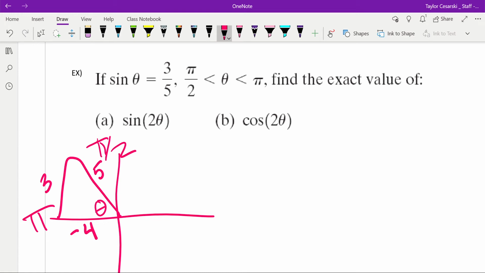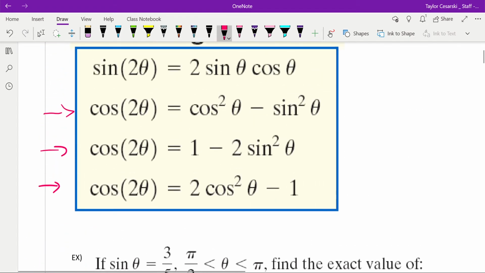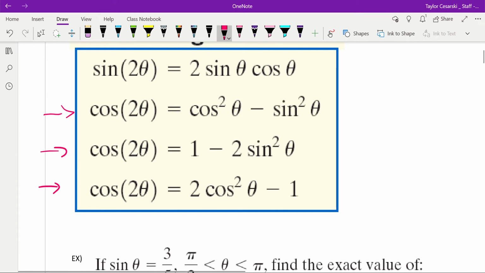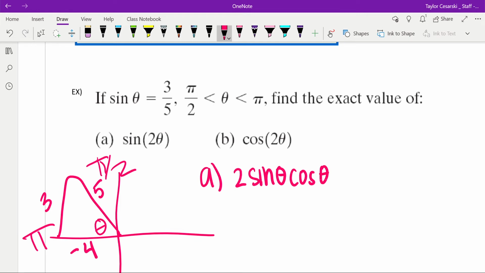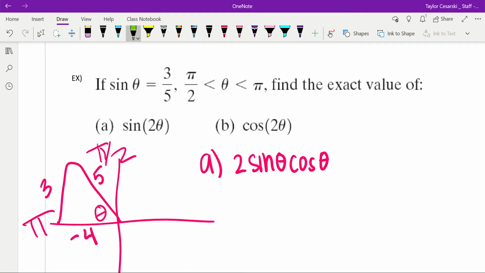Now I want to find sine of 2 theta. It's not just going to be 3/5 times 2. We have to use our identity, which is sine of 2 theta equals 2 sine theta cosine theta. I'm already given that sine of theta is 3/5, and cosine of theta is adjacent over hypotenuse, so that's going to be -4/5.